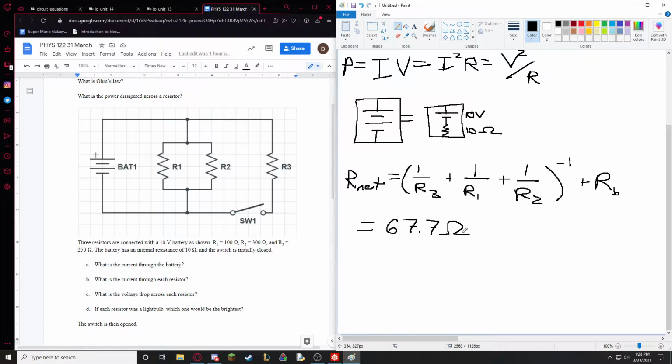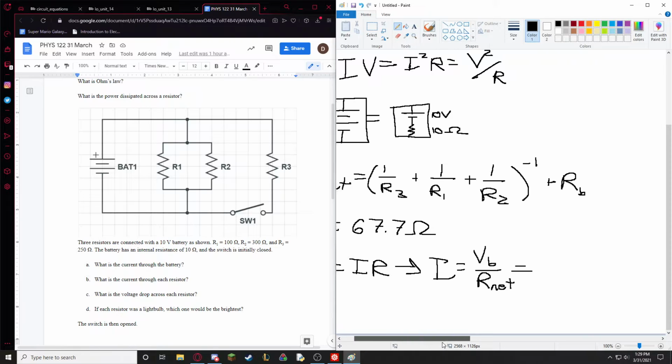So then how do we solve for the current through the battery? We use Ohm's law, so V equals IR, and the V for this is 10 volts, and then using the equivalent resistance that we just calculated. Yep, exactly. I is equal to V battery over R net, so we just divide our 10 volts by our 67.7 ohms.